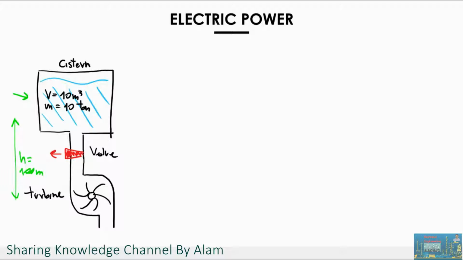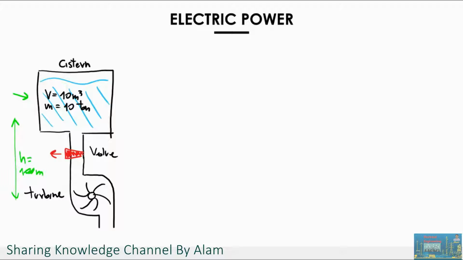Now let's do a little bit of a calculation to see, first of all, what is the energy that is stored in the cistern. As we've seen before, because we have a certain amount of water with a certain mass at a certain elevation, the water will have a certain potential energy, in this case gravitational potential energy. So let's just do the math. We have been told that the volume of the cistern is 10 cubic meters. As a consequence, because this is water, we have a weight of 10 tons, so 10,000 kilograms.